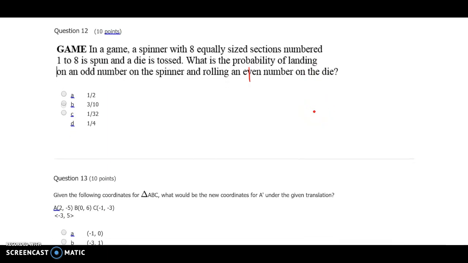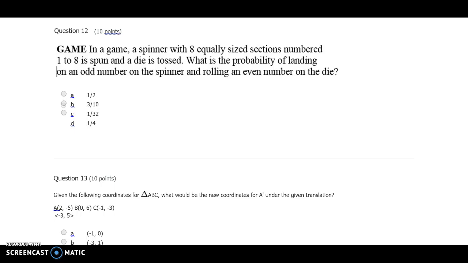Alright, so number 12, we got some probability. It says, in a game, a spinner with 8 equally sized sections, numbered 1 to 8, is spun and a die is tossed. What is the probability of landing on an odd number on the spinner and then rolling an even number on the die? So we learned that these two things are independent, because no matter what we do on that spinner, it's not going to affect what we roll on that die.